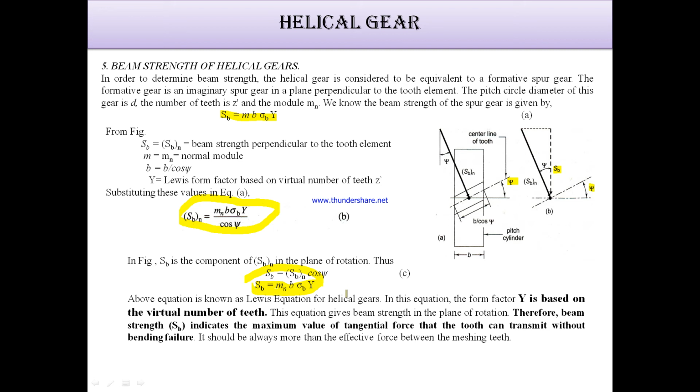So this is how we did it for the helical gear. You must understand how it is derived, as shown in our figures: straight is the beam strength, and when angular, it is the normal beam strength.